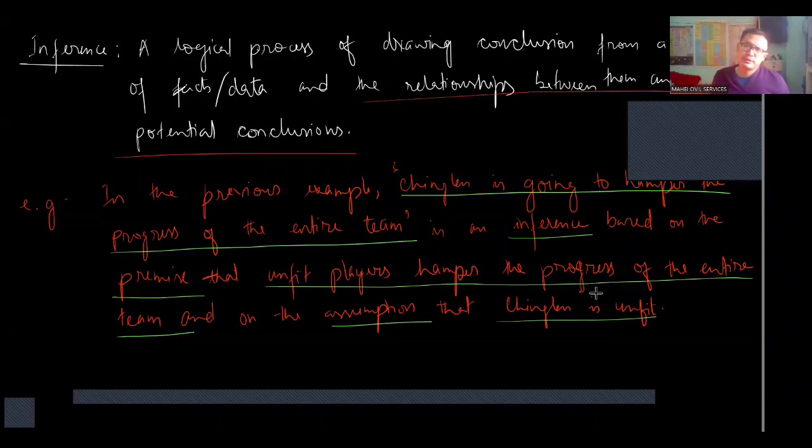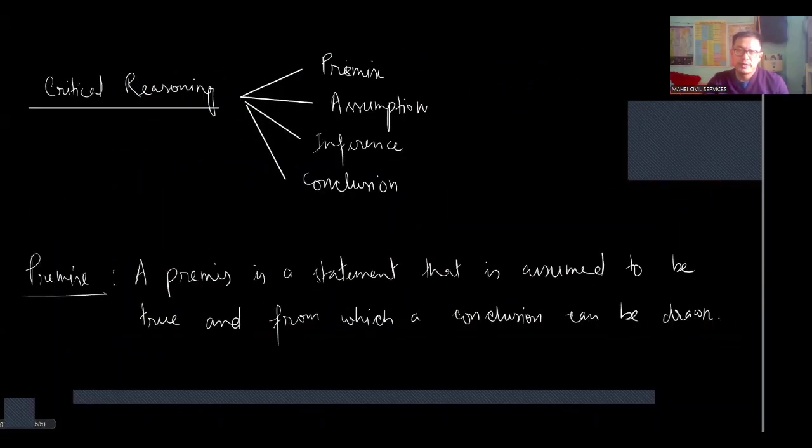These are the first three parts of critical reasoning. First, the premise. Premise, then assumption: the premise is taken as safe, and we assume something. The inference is based on the premise plus the assumption.